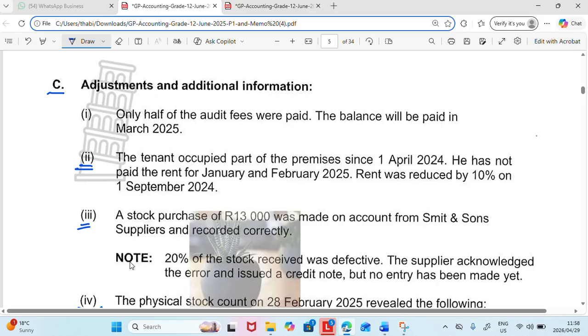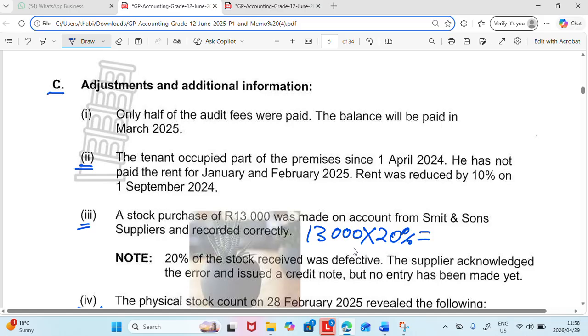What happened? 20% of the stock received was defective. The supplier acknowledged the error and issued a credit note, but no entry has been made. So the supplier has recognized that they've made a mistake, which means from the 13,000 trading stock that we bought, we returned 20% to the supplier.